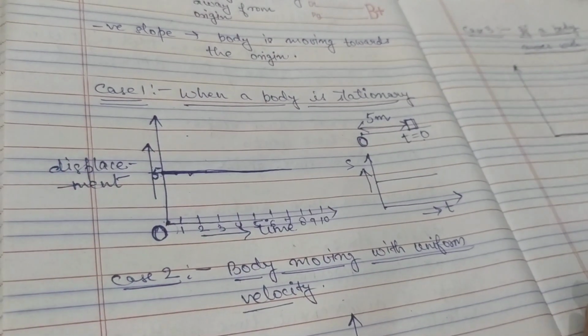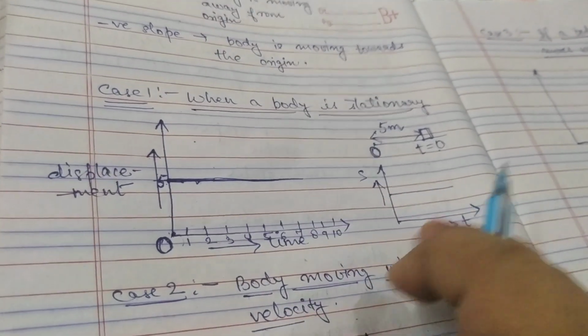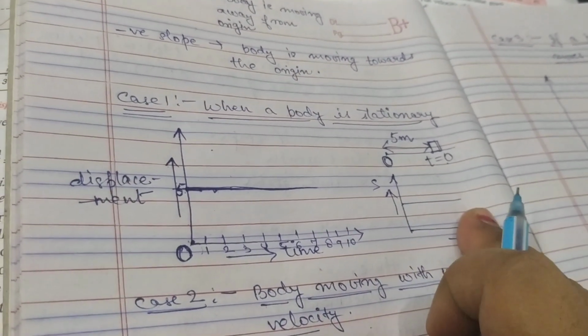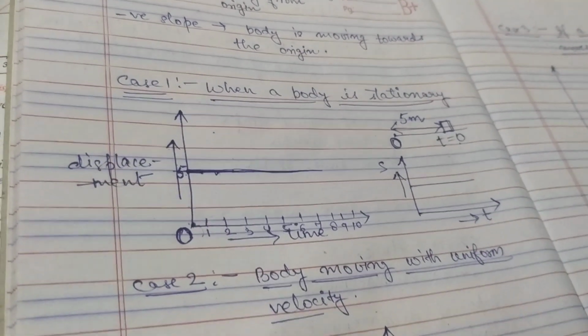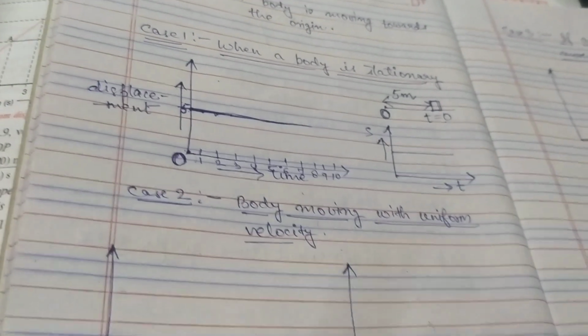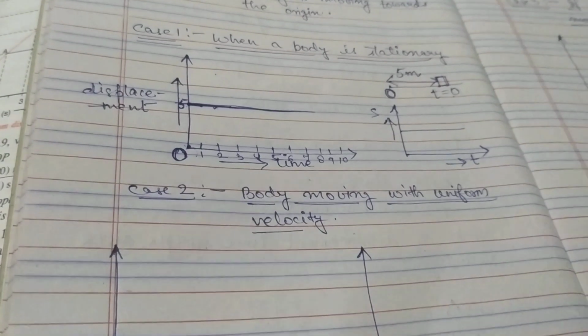Tell me about the motion of the body. Just looking at this graph, because the line is horizontal, you will immediately say that the body is stationary, right? Okay, so this is done. Horizontal line means the body is stationary.